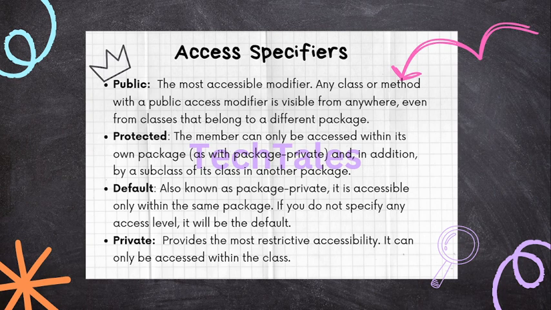Last one is private. Private variables can be accessed only within that class. You cannot access them outside of your class, not even inside that particular package. You can access private methods or private variables within the class only.